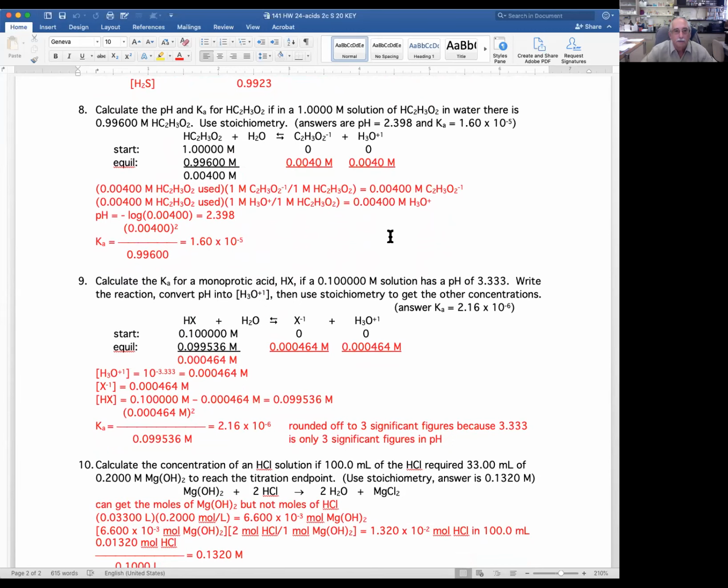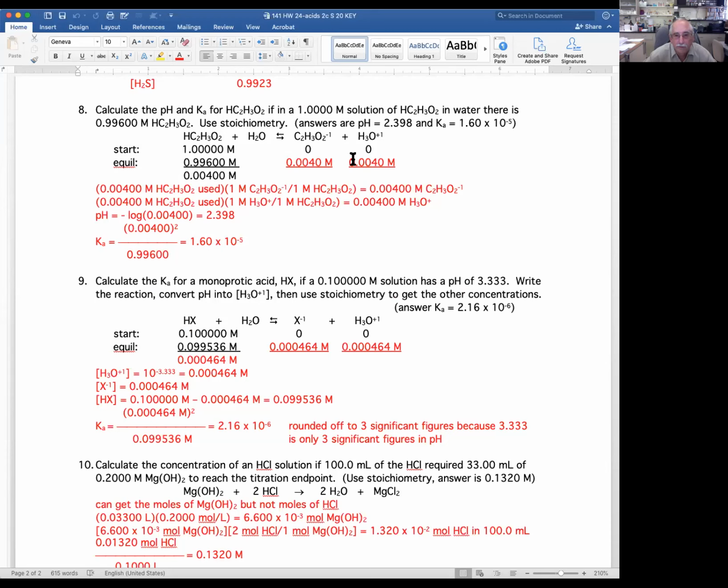So here's an acid. This is acetic acid. So we made a 1 molar solution of acetic acid in water. And then what we found is that at equilibrium, it was 0.99600. So can you understand why acetic acid is considered a weak acid? It doesn't go very far in this direction. Do you see how we get the numbers?